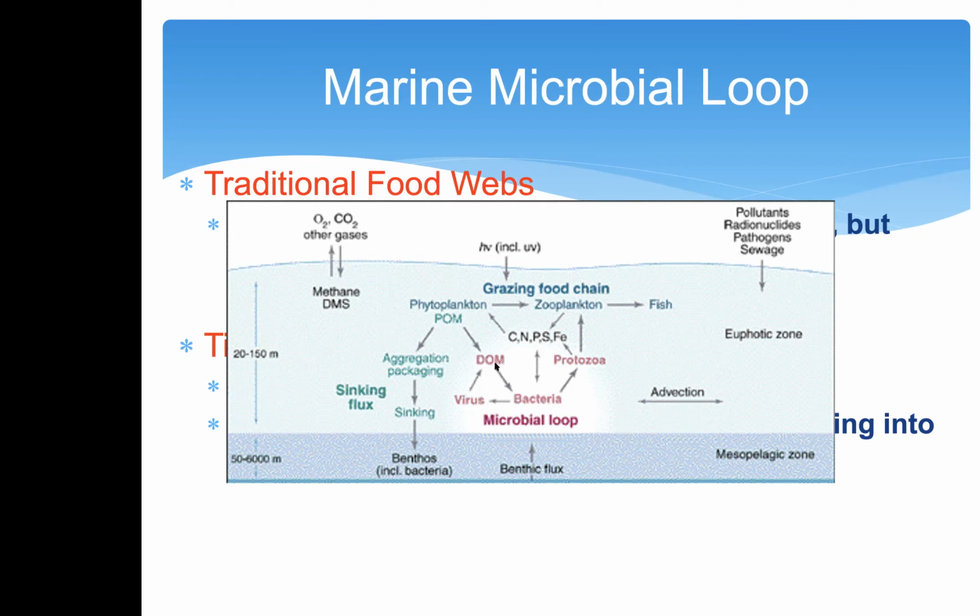And then that dissolved organic material may be taken up by bacteria, but the bacteria then get eaten by the protists. They also get infected by viruses, and they release the carbon and nitrogen and phosphorus and iron back into the water.